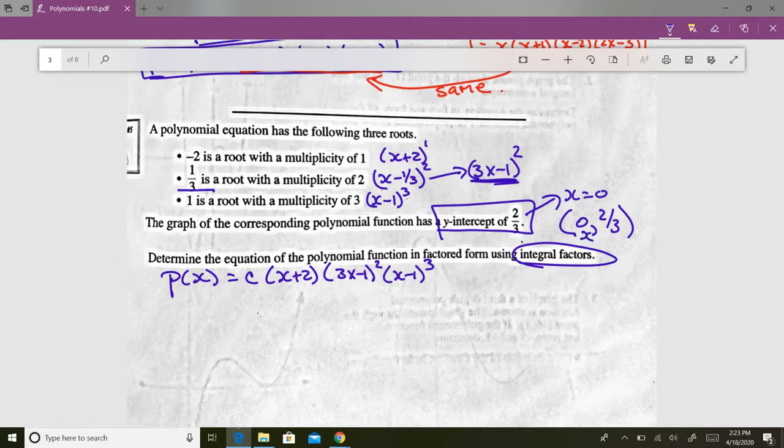Plug in our x and our y values. So 2/3, don't be afraid of the fraction. It will all work out. If I put 0 in for these, 0 plus 2 is 2. 3 times 0 is 0 minus 1 squared. 0 minus 1, negative 1. 2/3 is equal to c. Negative 1 squared is positive 1 times negative 1 cubed, which is negative 1, times 2 gives me negative 2.